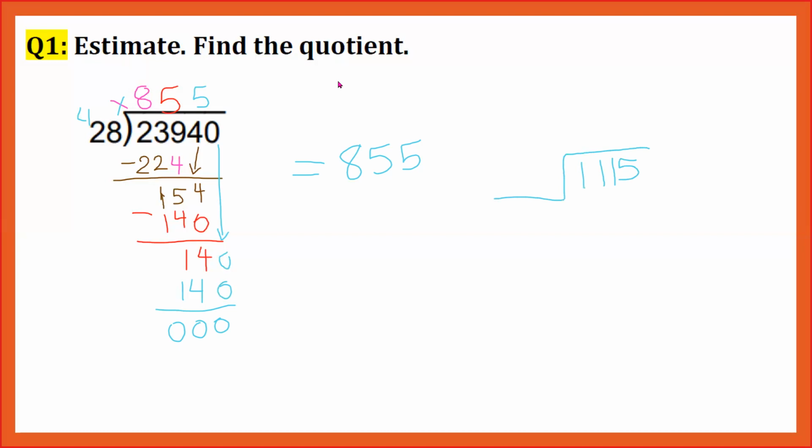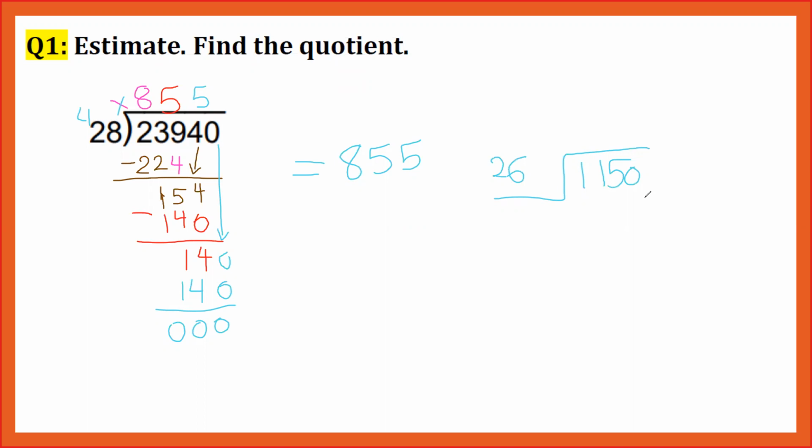Do we still do the long division after it? Wait. It's not 1,115, it's 11,050 divided by 26. Okay, divide by 26. Now, what do you have to do first?